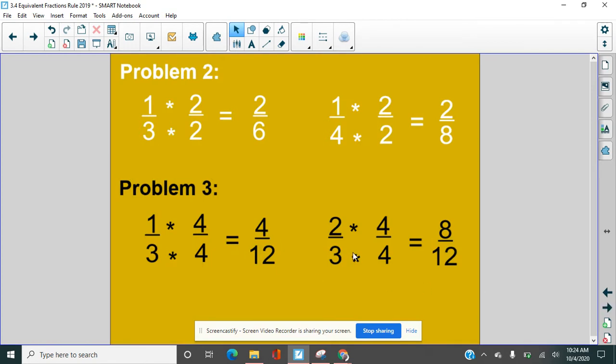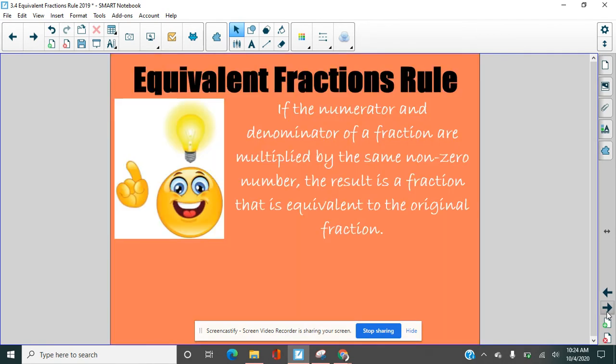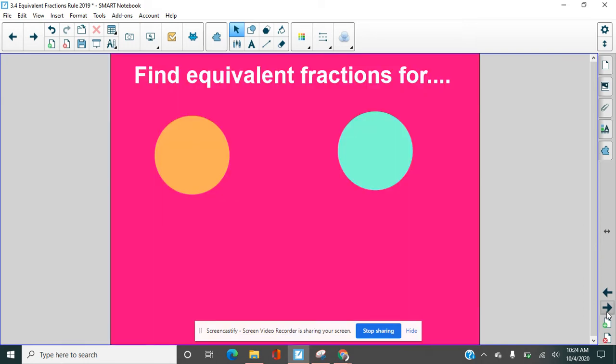So, right, here's an example, all typed out nice and pretty. Our rule here is: if the numerator and the denominator of a fraction are multiplied by the same number, it can't be 0 though, the result is a fraction that is equivalent to the original, right? So you could take any fraction.